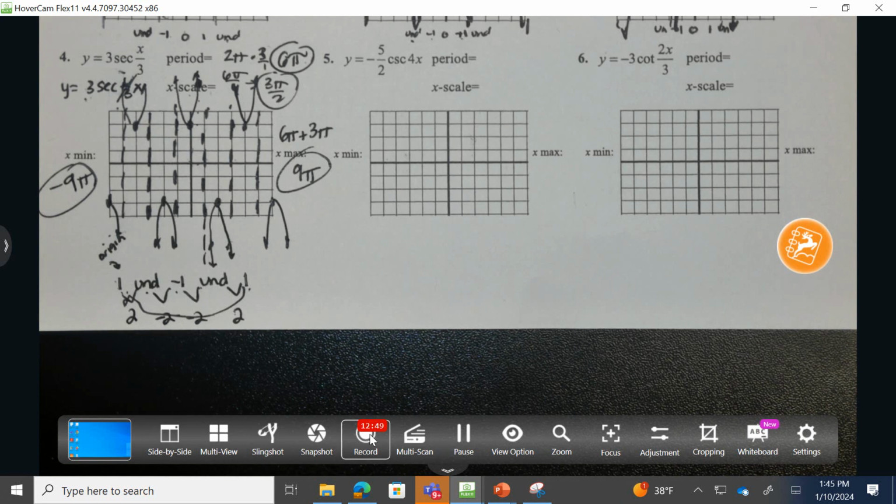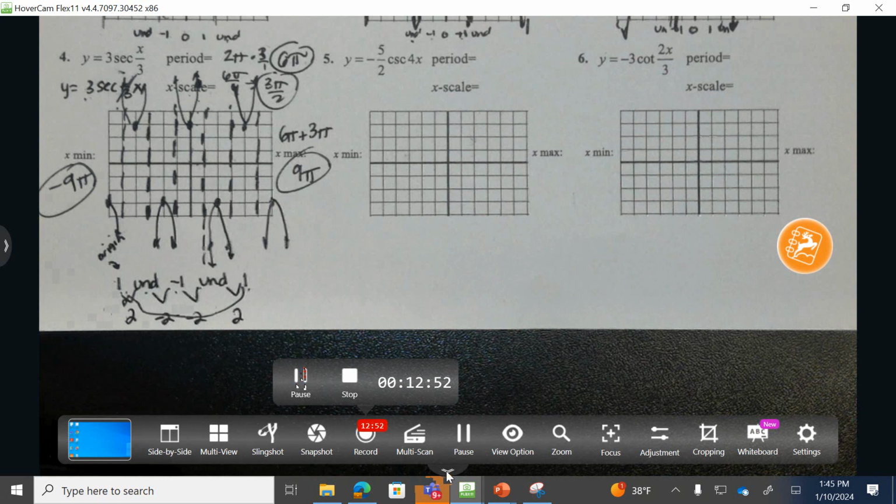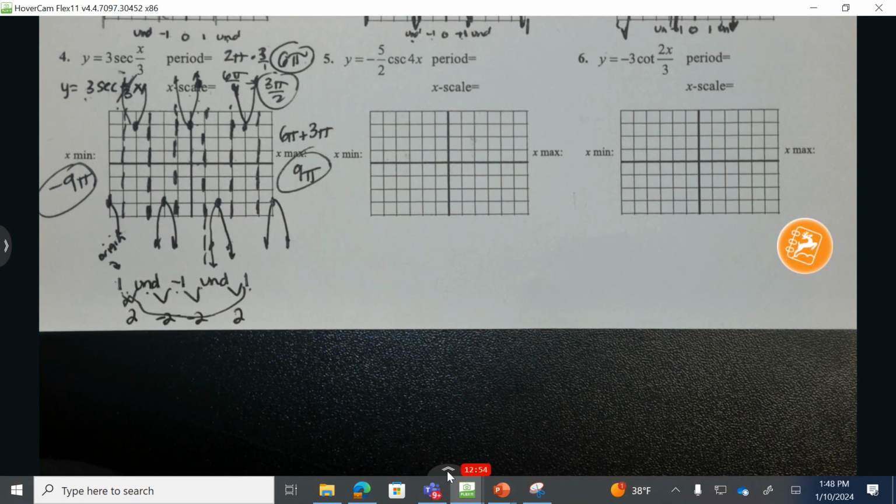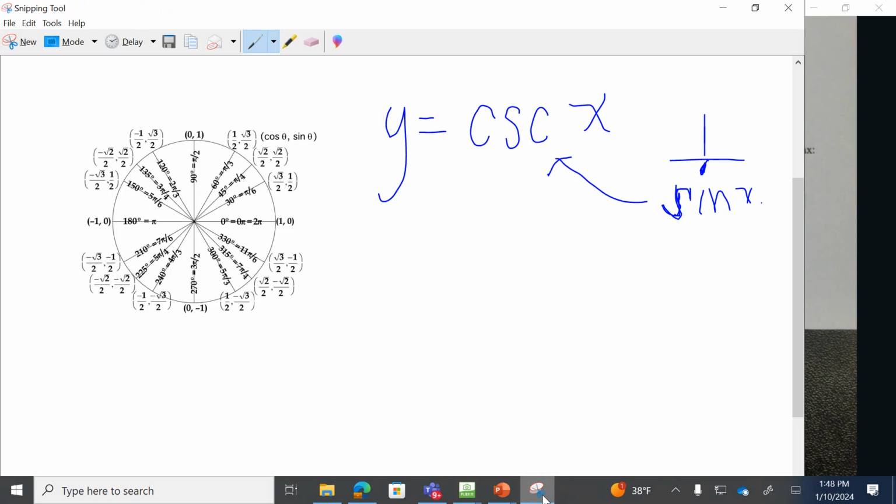Let's look now at number 5. Okay, taking a look at number 5, we have y equals negative 5 halves cosecant of 4x. So cosecant is going to be the reciprocal of sine. So let's come back here and let's identify where our sines are.